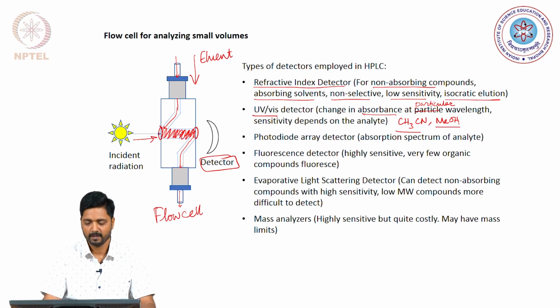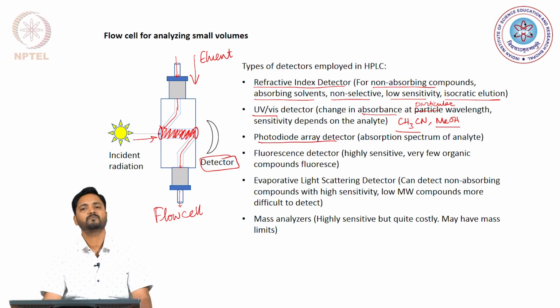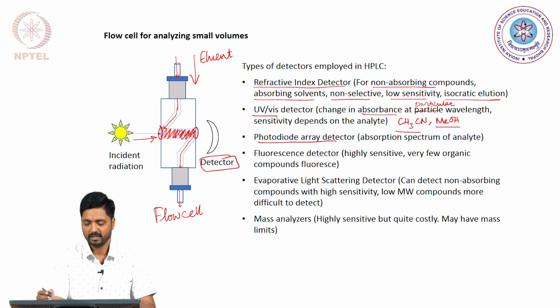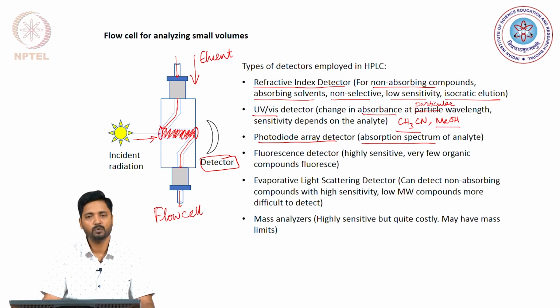detector. Finally, a revised version of, or an improved version of, the UV or visible detector is the photodiode array detector, where an array of photodiodes is arranged so that we can create the complete absorption profile of the analyte that is eluting out of the chromatography column.